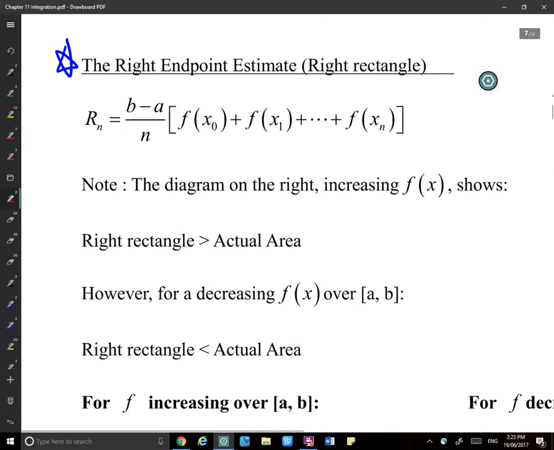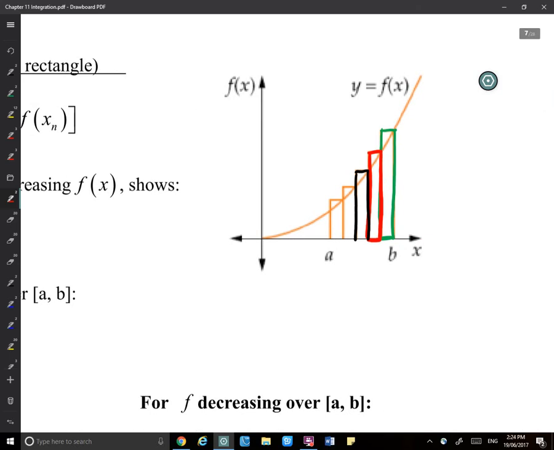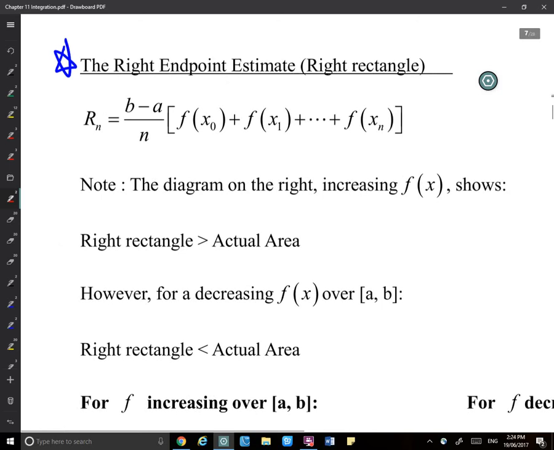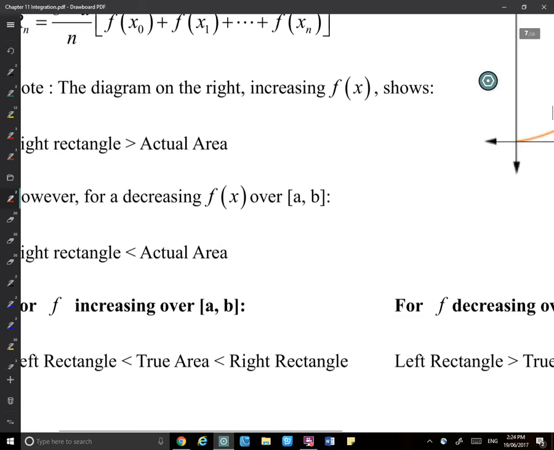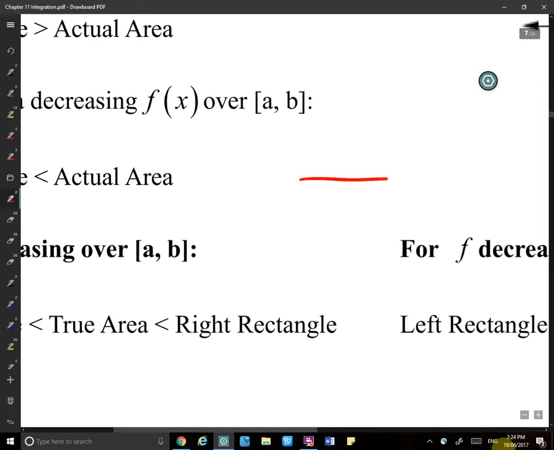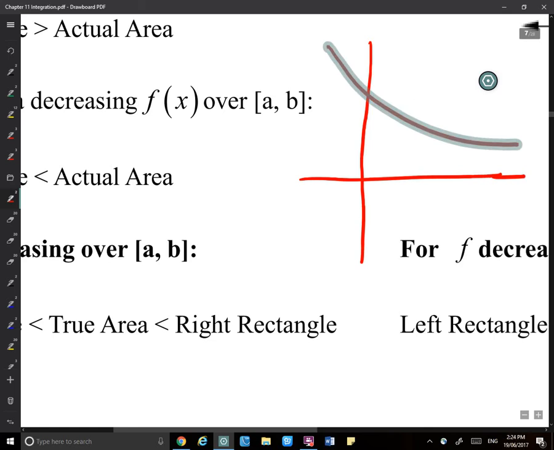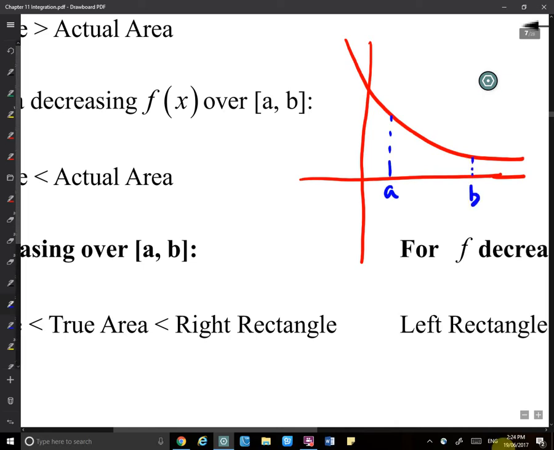And similarly, if that's an increasing function and we use right-hand side rectangle estimation, the area is larger than the actual area. But if we have a decreasing function, and then we use right-hand side, let's say from A to B, and we use right-hand side estimation, we will have that point, which is here.